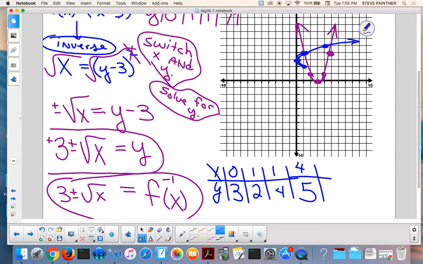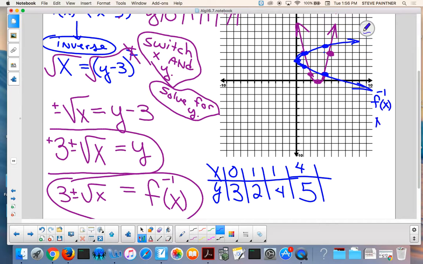So when your function's a parabola, your inverse function is also a parabola, except it goes sideways. So I could mirror this point down here and go about here. There it goes. Yes or no? Is the inverse a function? No. A vertical line hits it twice.